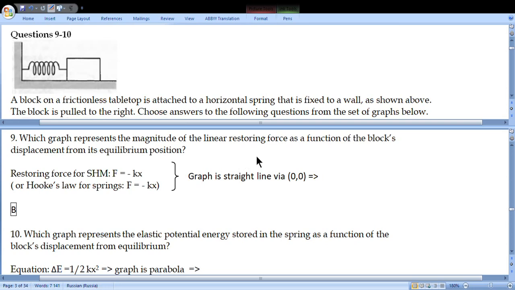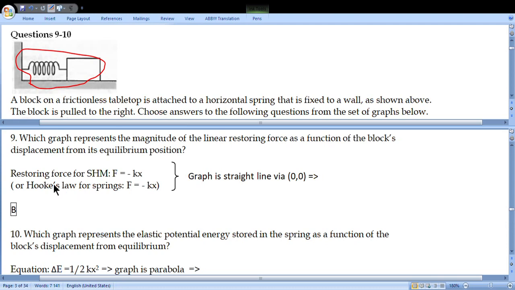So here we see restoring force. This is the standard model, simple harmonic motion. So restoring force F equals minus kx.